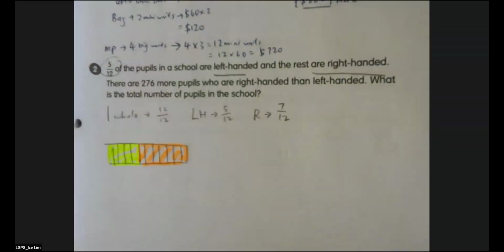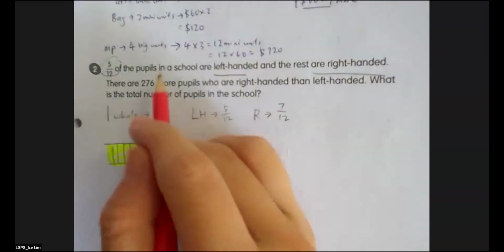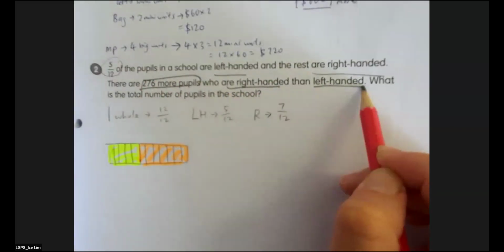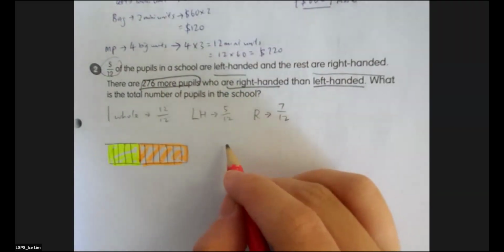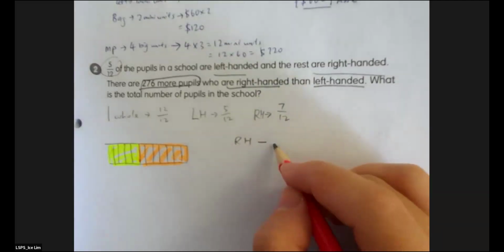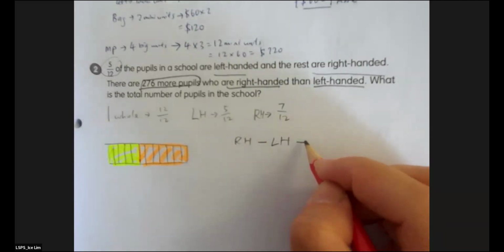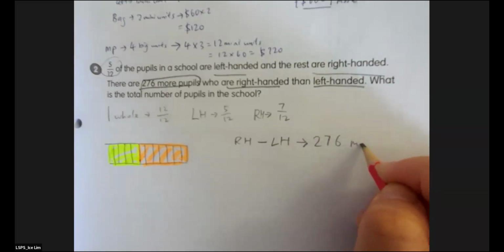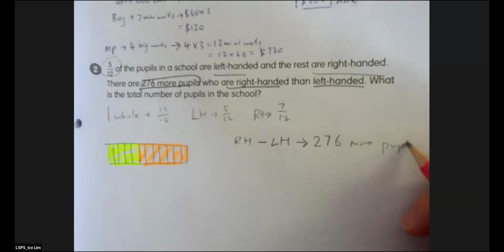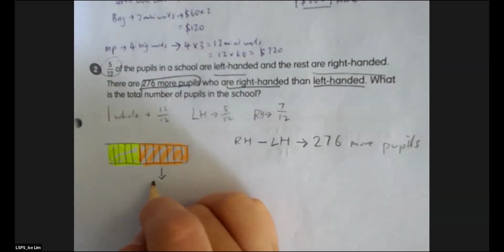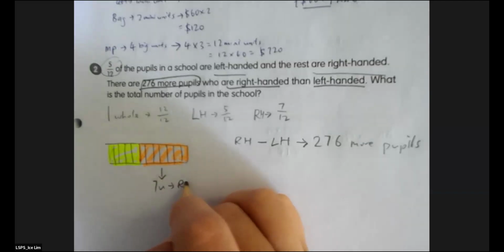So actually by comparison, it says there are 276 more pupils who are right than left. That means there are more that are right-handed. So right-handed minus the left-handed, that is actually 276 more pupils. So this one's 7 units, that's right-handed.